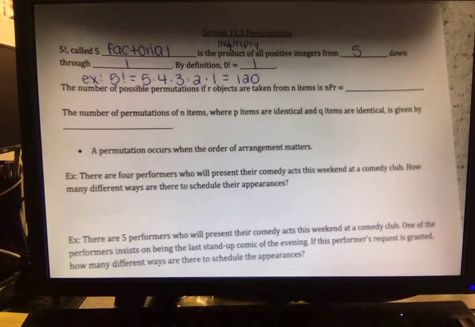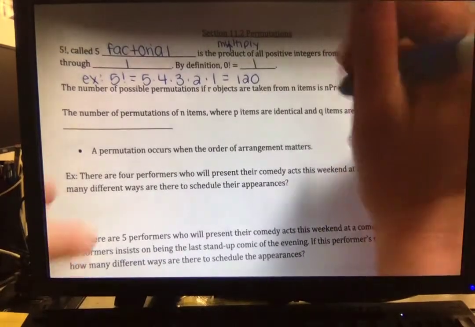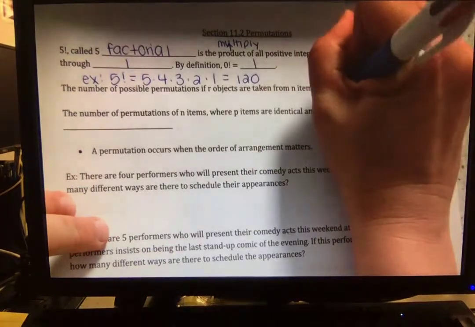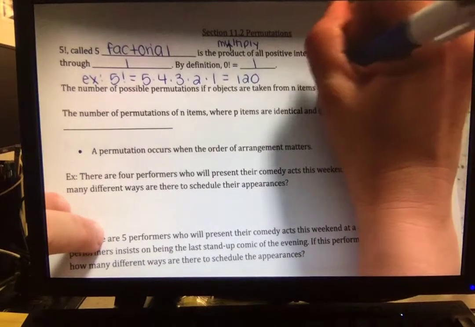So the number of possible permutations if r objects are taken from n items is given by nPr. These are subscripts.